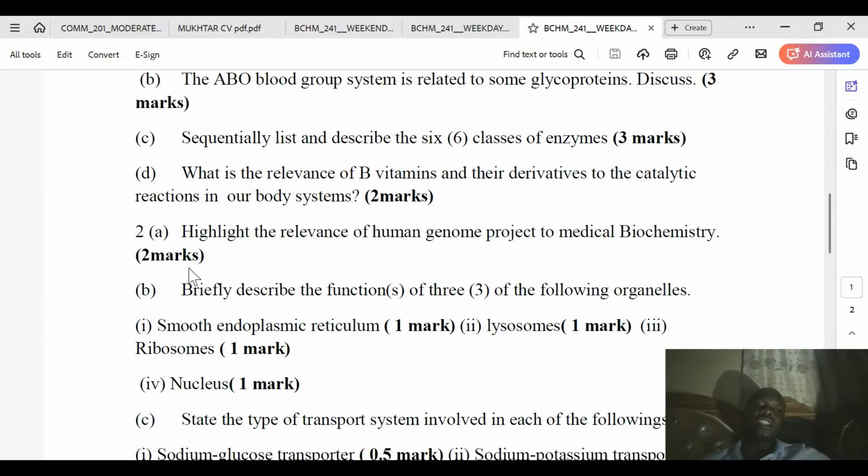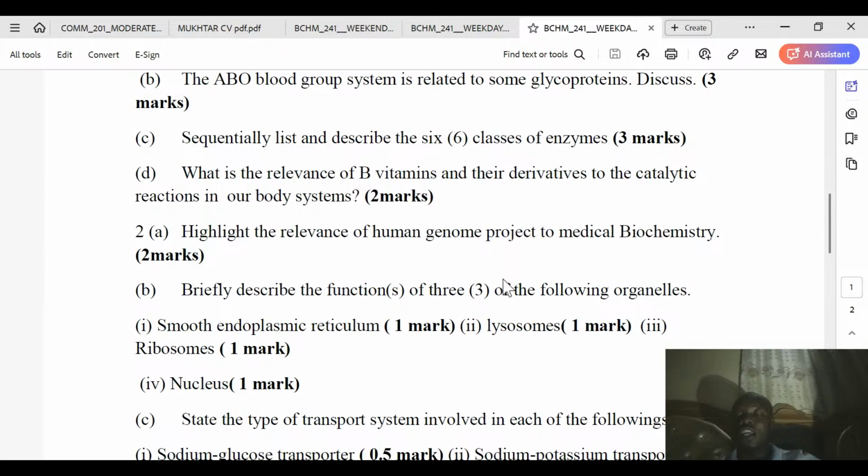So then the next thing that we are going to look at is to highlight the relevance of the human genome project in medical biochemistry. Yes, the vitamins are examples of coenzymes.